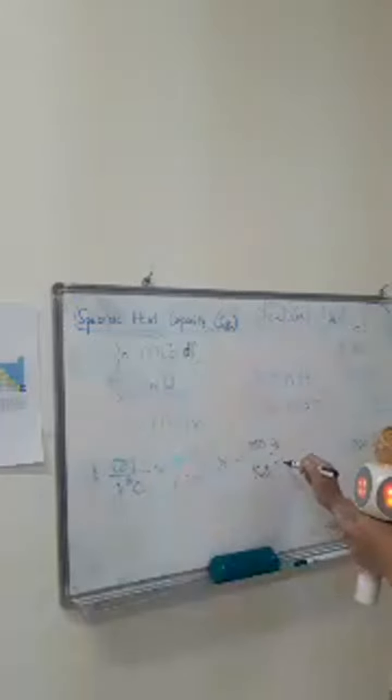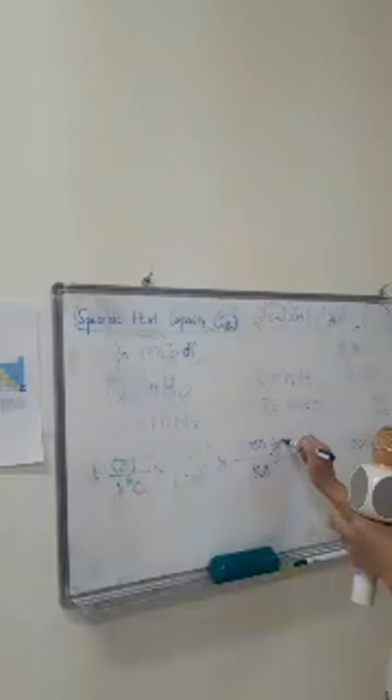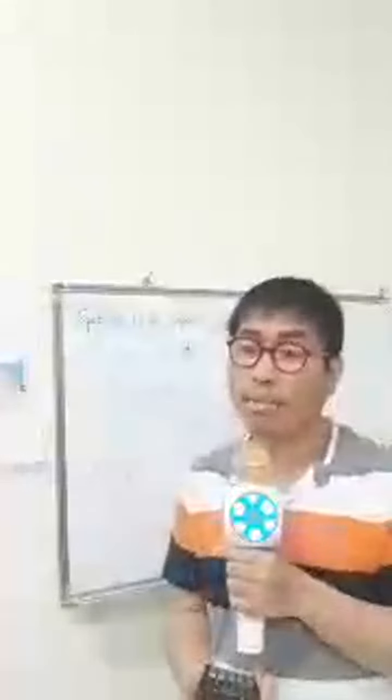So 1 calorie cancels. I have 1,000 grams, which is equal to 1 kilogram, so that the grams cancel. So what is the value? We divide it on the calculator. There are a lot of standards in science, a lot of constant memorization.